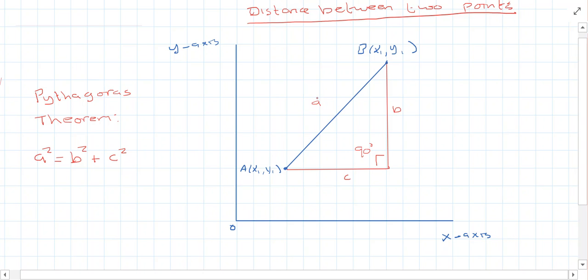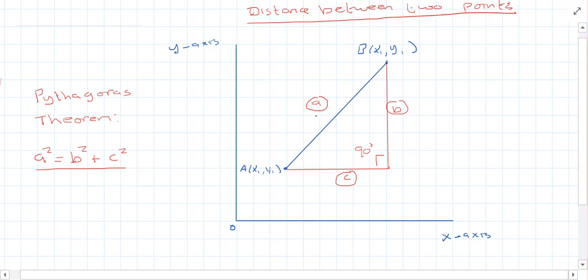So whatever the length of the line is, that is going to be equal to this squared plus this squared. And that's the case with all 90 degree triangles. This longer side is going to be equal to the two other sides squared, and this is what's known as Pythagoras' theorem.